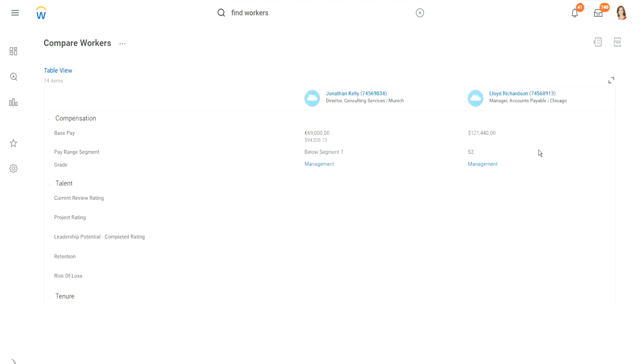Below segment 1 means what? Compensation is even below the pay range, right? Below segment 1 is even below the segment 1 starting level. And what about S2? This amount comes within the S2 segment. That is still below the midpoint, because S3 and S4 will be above the midpoint, right?